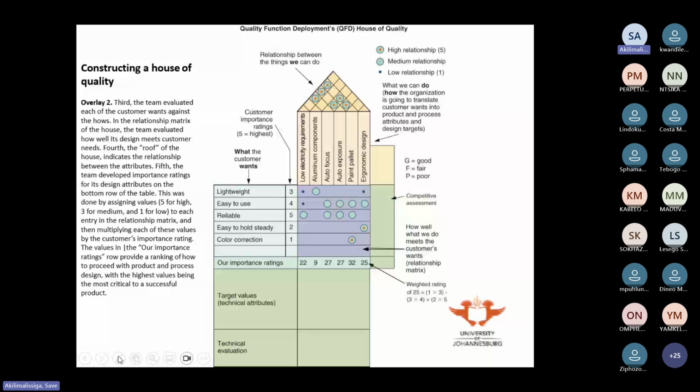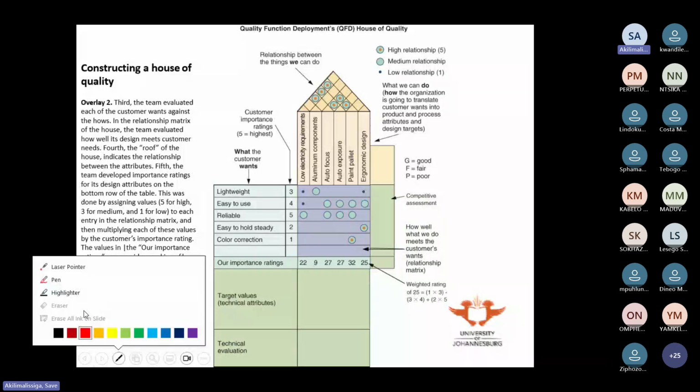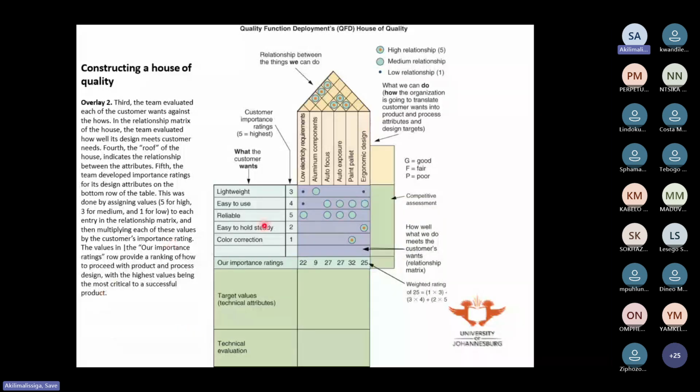As I was saying, you might have a legend that has different symbols for this section compared to the roof. It depends on you or on the instructions given to you. But in this case, we do have the same symbols used in the roof and also in the relationship matrix.